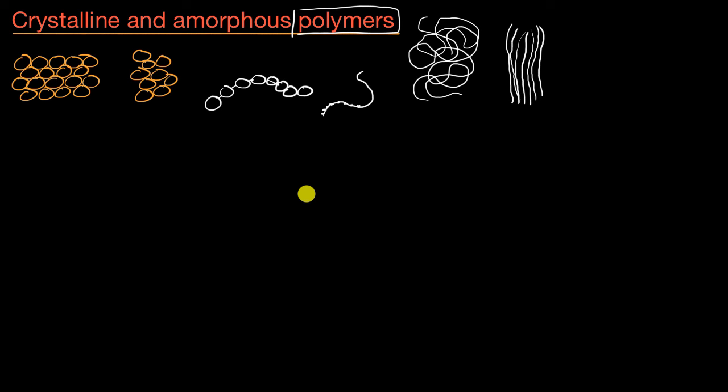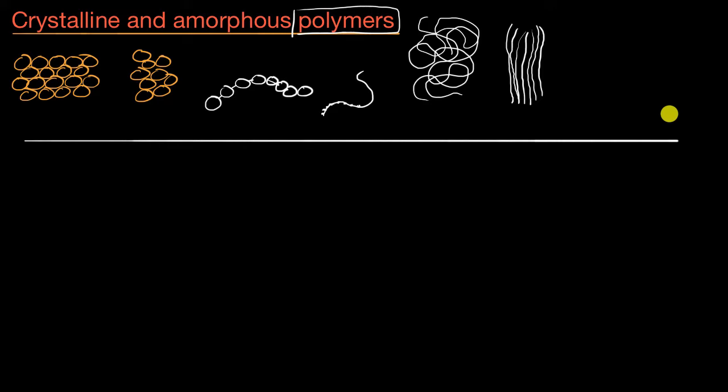And to just see examples of different polymers that sit on that spectrum, let me draw a spectrum right over here, where at this end, we have something that is very amorphous. And at this end, we have something that is very crystalline. We can see examples from our everyday life.